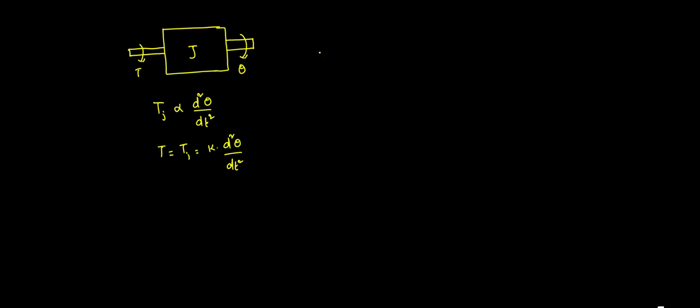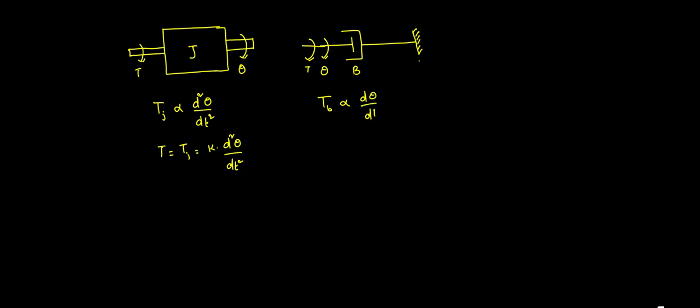Suppose the element is an ideal rotational dashpot with one end fixed at a reference. Assuming it has a constant B, you apply a torque and it moves with an angular speed d theta by dt. The torque opposing the applied torque, which I write as Tb, is directly proportional to d theta by dt.